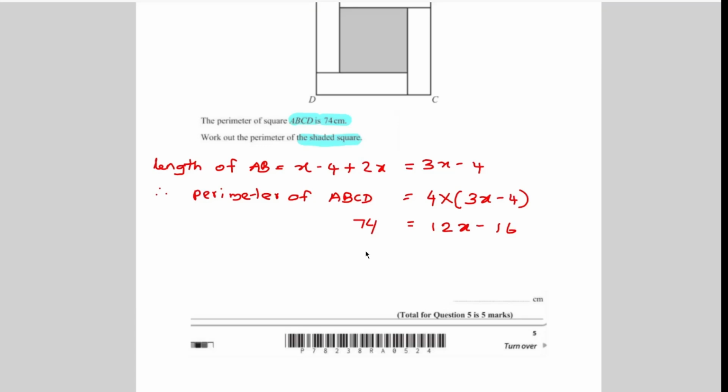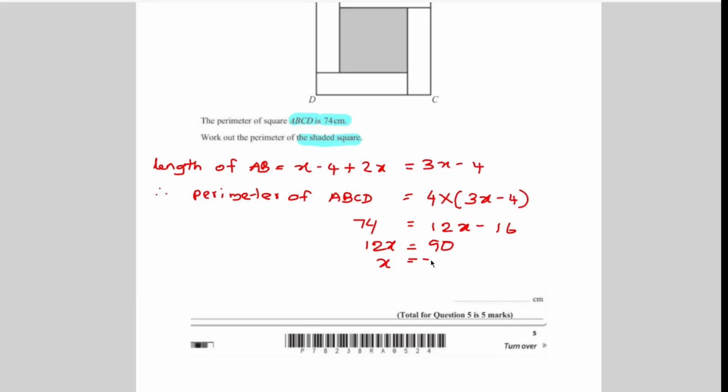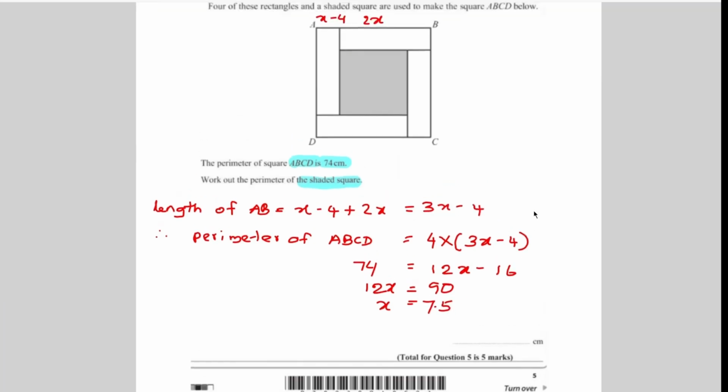Then 12x equals 90. Then x equals 90 divided by 12, which is 7.5. Then we have x equals 7.5.